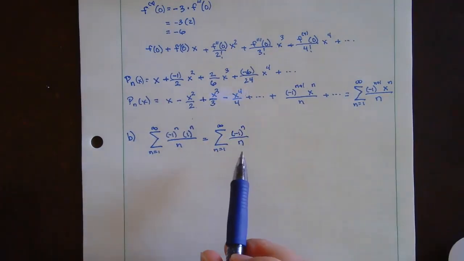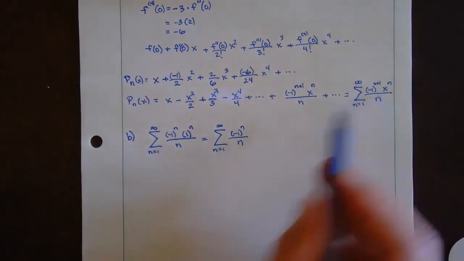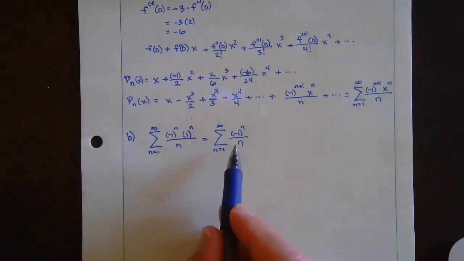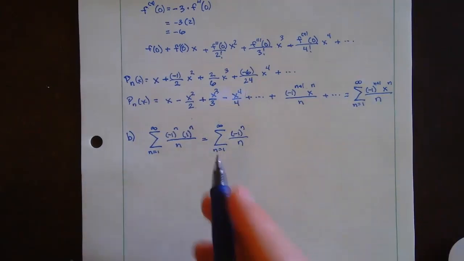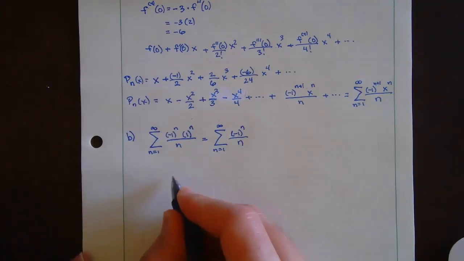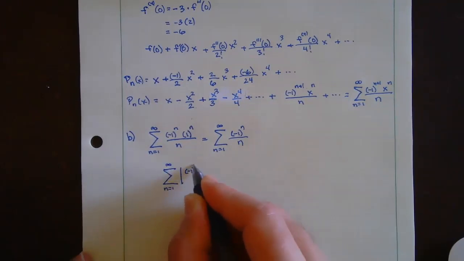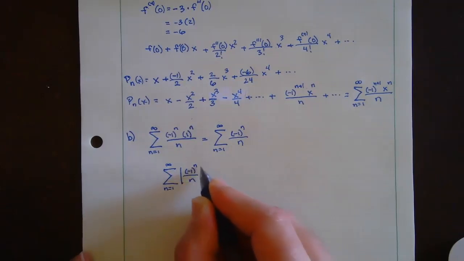Okay, so now we're going to check for absolute convergence. So this series at x equals 1 becomes this one, which ultimately becomes this, right? These are endpoints, right? So we're going to check for absolute convergence: n equals 1 to infinity, the absolute value of -1 to the n over n.